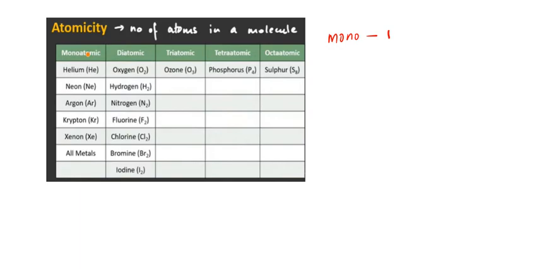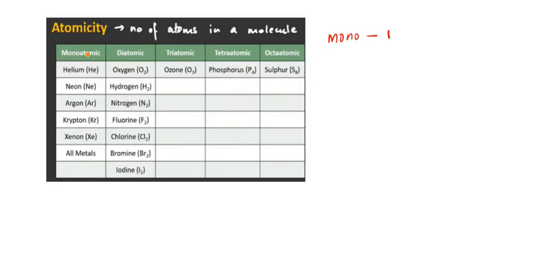All these are diatomic elements. Triatomic, we have ozone; tetratomic, phosphorus; and octatomic, sulfur.